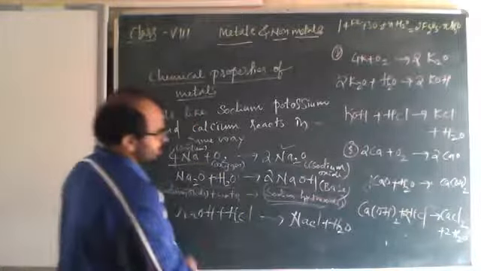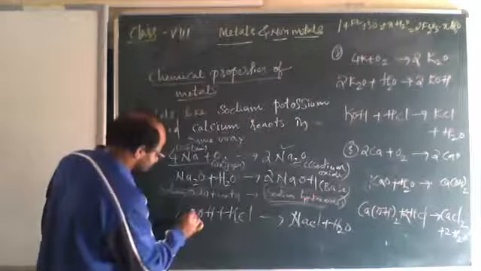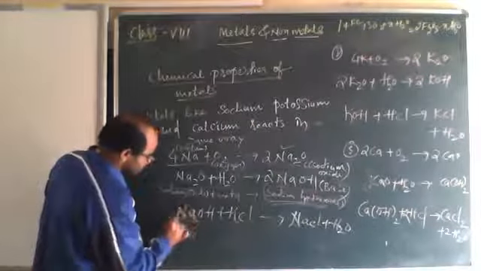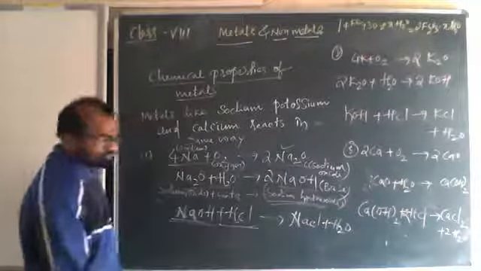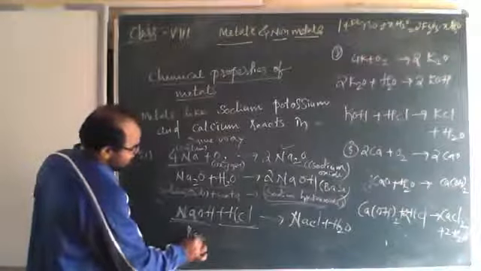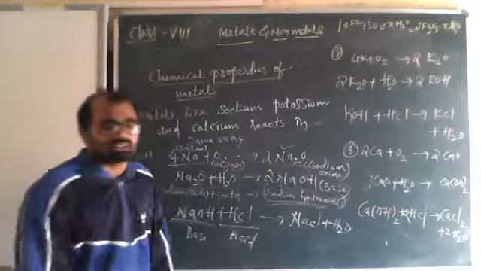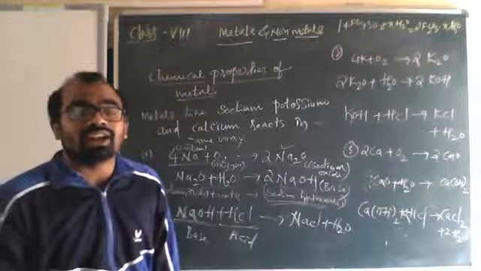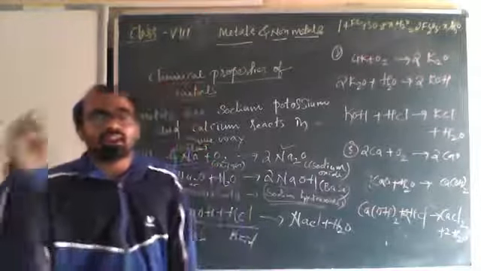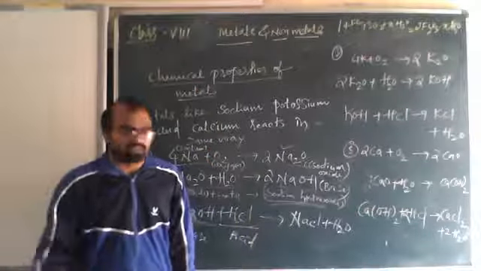Next, what happens? The formed sodium hydroxide is a base. It reacts with acid. In the 7th class we learnt the neutralization reaction. When an acid reacts with a base, it forms salt and water.